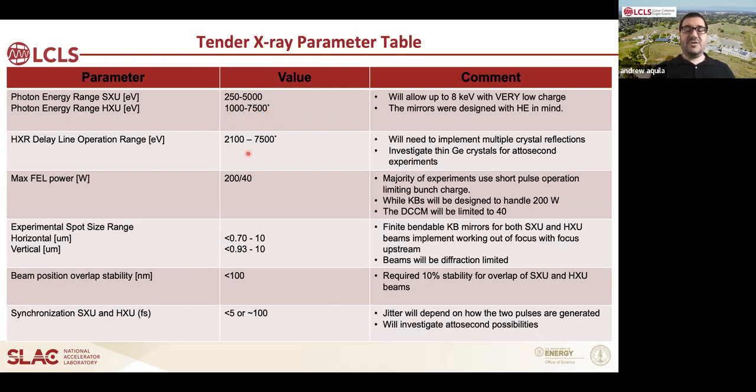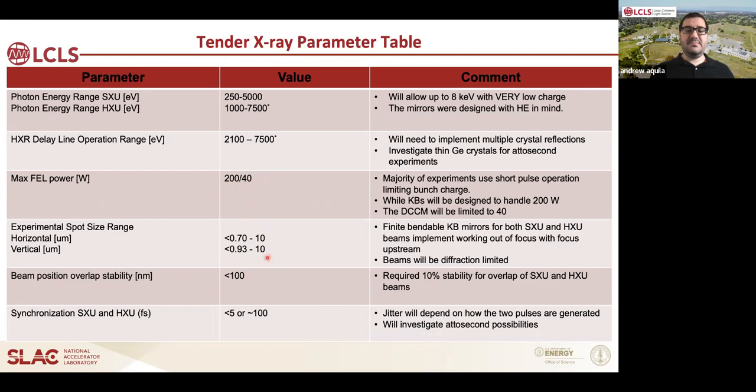We have a delay line, which can cover the range from about 2.1 keV, because that's where silicon 111 turns on in back reflection, up until the limit of our optics. Typically, the optics can sustain high power loads up to 200 watts, which means we can have a lot of high repetition rate beam, or 40 watts when we're using a monochromatic beam.